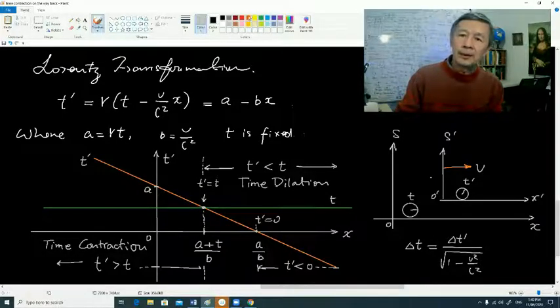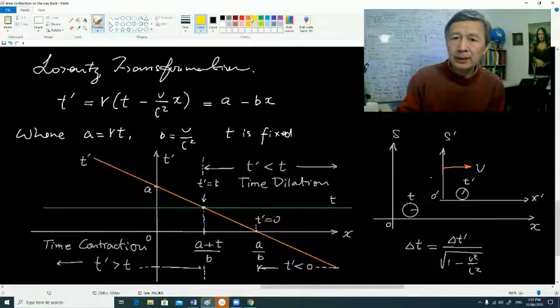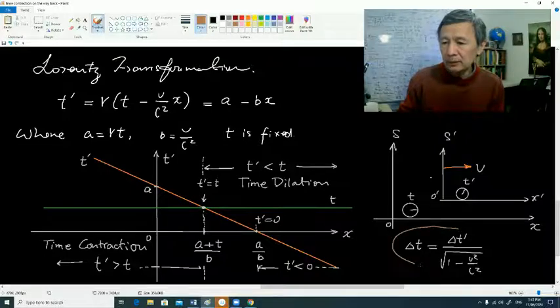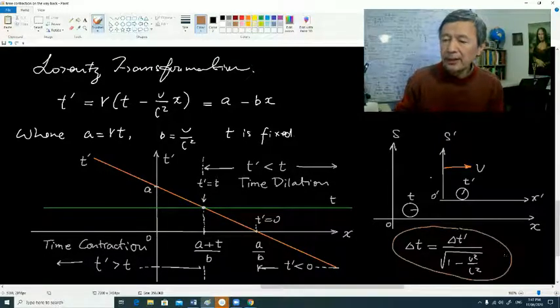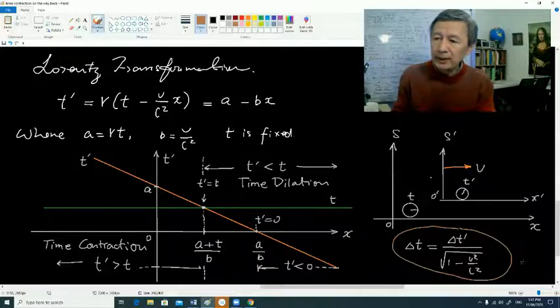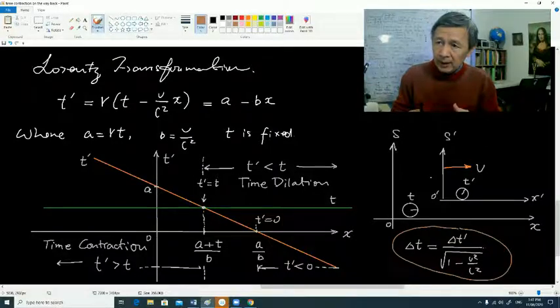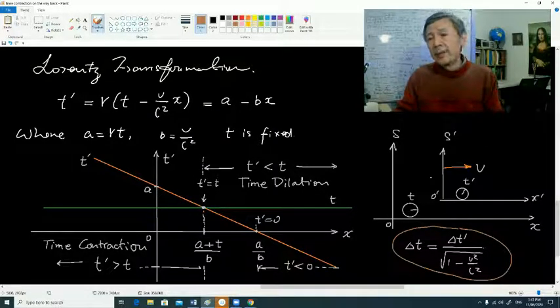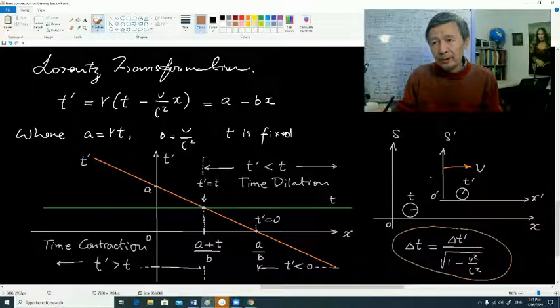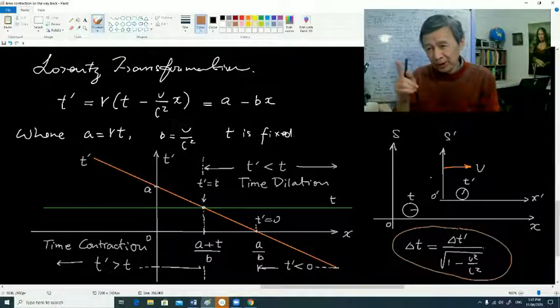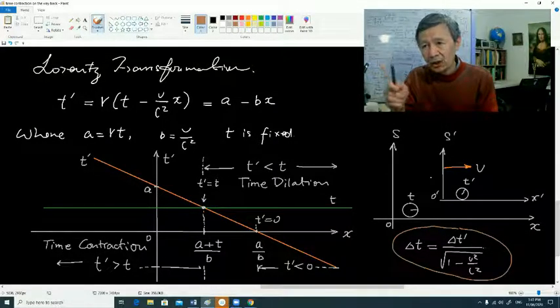Although this formula has been used by many people, I have to highlight something. This is what we call the time dilation formula, in which the time measured in the fixed frame is always longer than the time measured in the flying frame. So hence people claim that the flying clock gets slower.